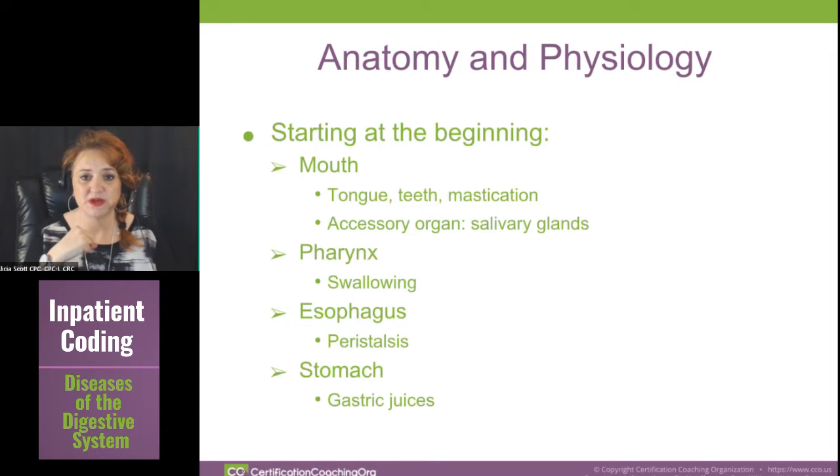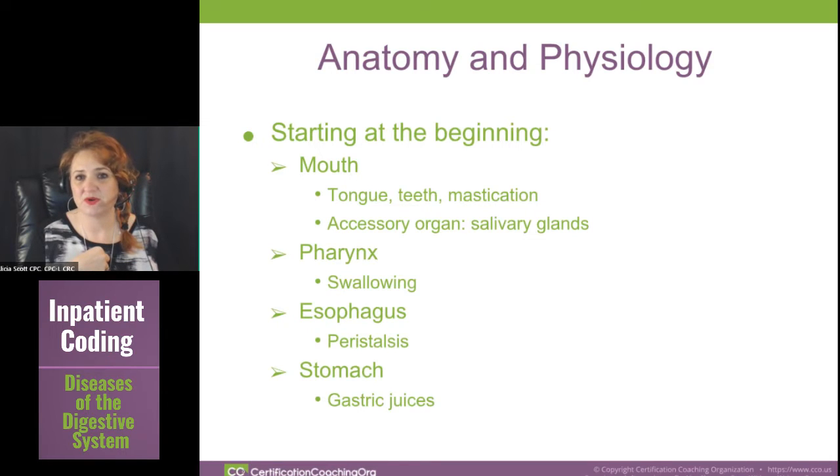The esophagus goes behind the trachea, and the trachea is part of breathing, and it has cartilage around it to protect it, whereas the esophagus doesn't have anything. It is just a tube that goes from the pharynx down to the stomach. And again, it has specific tissue, but the purpose of the esophagus is to take that food or liquid, the food that's been masticated, chewed up, and then to let it travel to the stomach.